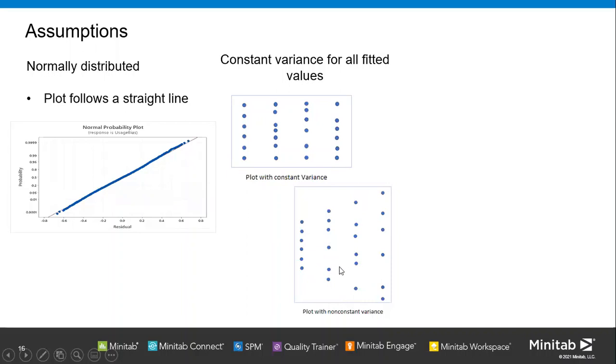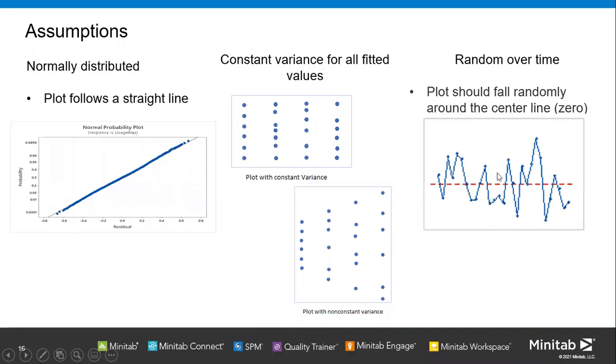This pattern is considered non-constant variance. And the third one, the residuals must be random over time. The plot should be random around the center line of zero here. This must be checked before you rely on it or before you do the prediction.